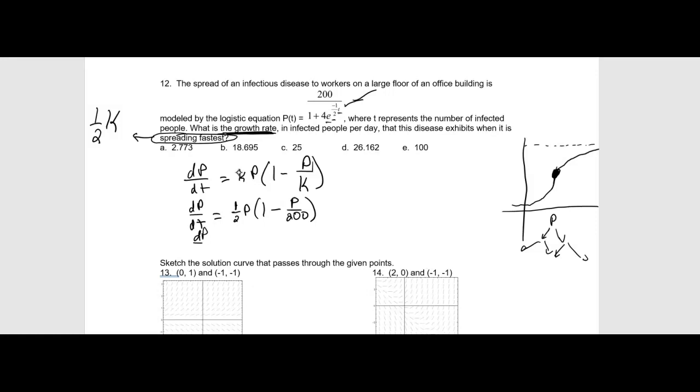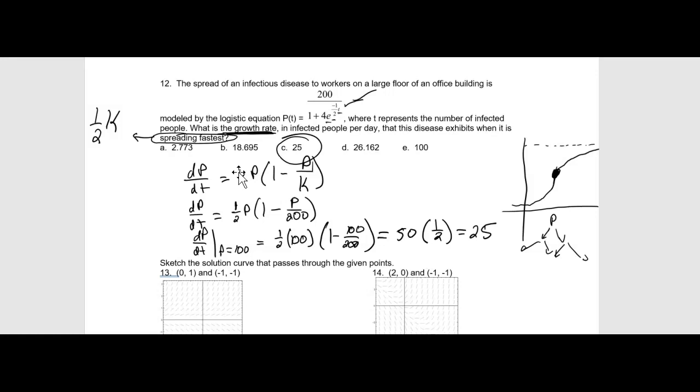So we would want to be figuring out our derivative value evaluated when our population is 100. All right, so that would give us what? 50 times 1/2. So that we would get 25.